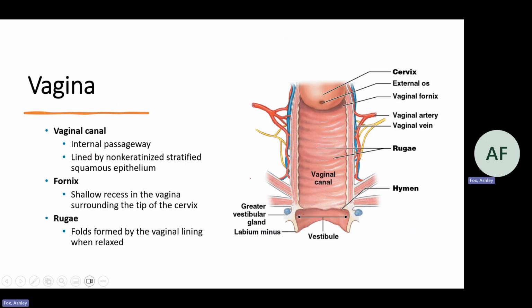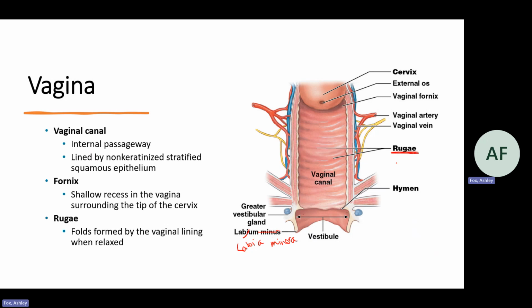So looking at the parts of the vagina, again, we have the vestibule between the labia minora. We have the vaginal canal, just like we've seen in the stomach and in the urinary bladder.